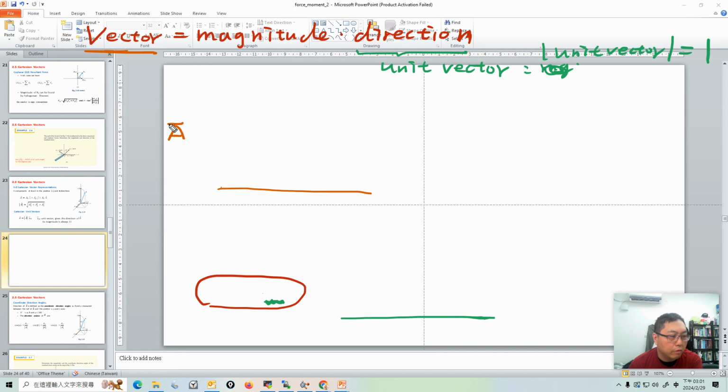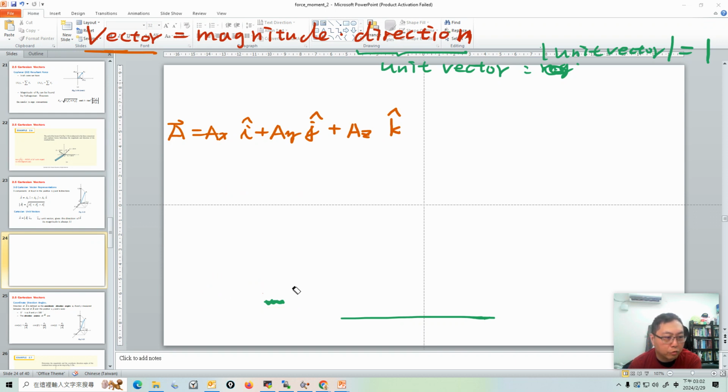So I have Ax, representing my vector in 3D space, in 3D coordinates, a 3D Cartesian vector.